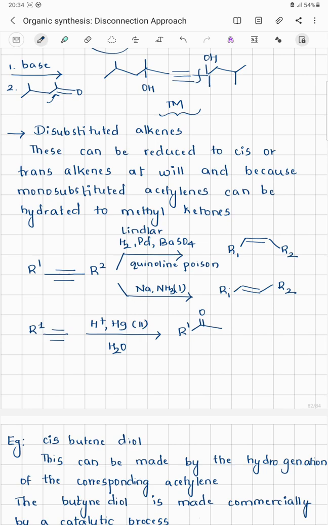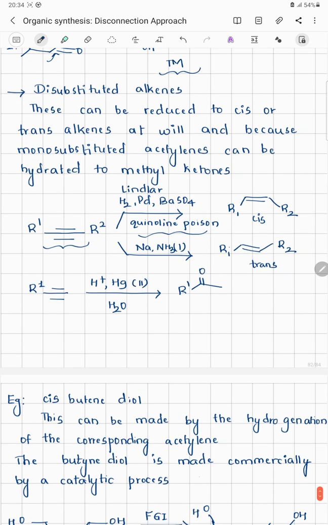Now for example, if there is a substituted acetylenic system under Lindlar's catalyst, that is hydrogen, palladium and barium sulfate, in the presence of quinoline as a poison, I will be able to get a cis alkene system. The same alkyne system in the presence of sodium and ammonia is able to give me a trans alkene system.